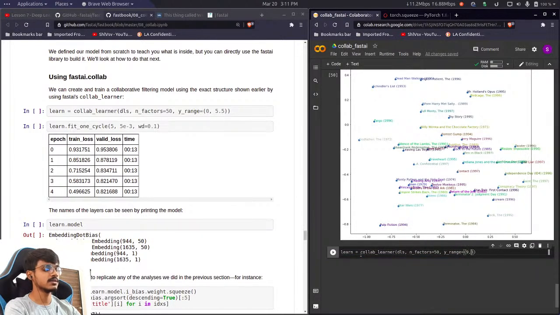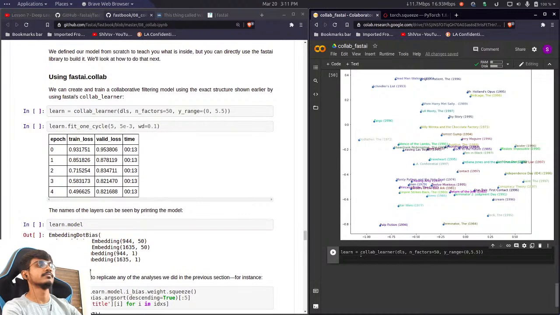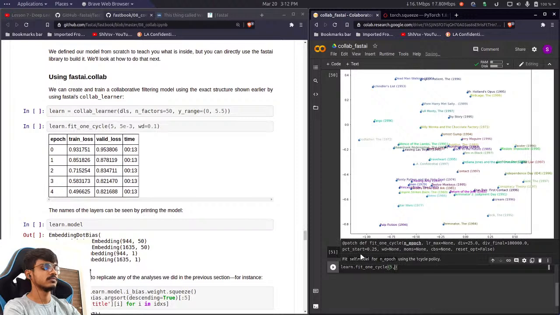We are passing 0 to 5.5. learn.fit_one_cycle, 5 epochs, 5e-3, and weight decay equal to 0.1.